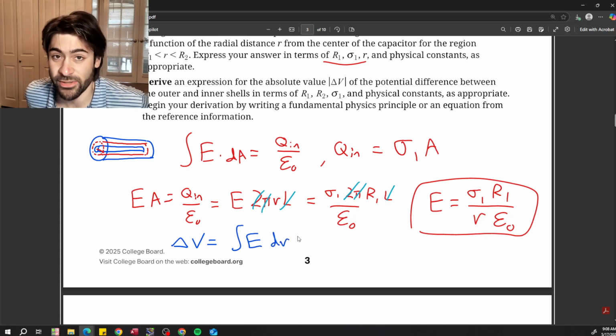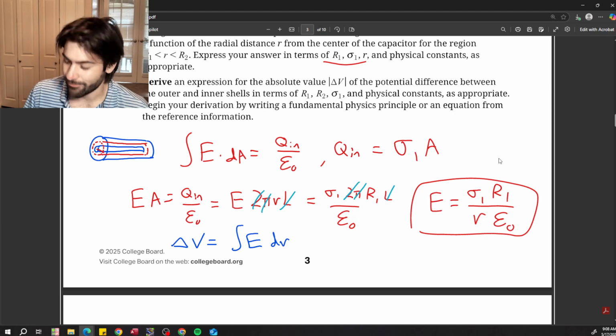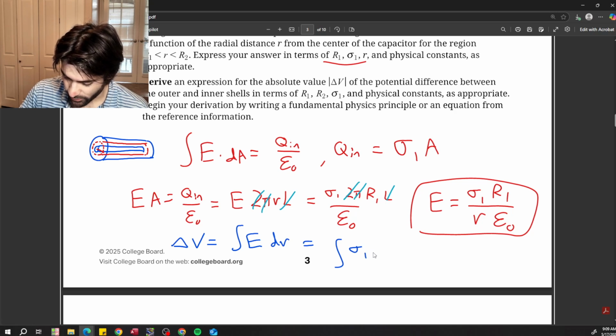We have to integrate here, especially because the electric field is not constant with respect to radius. So we're going to integrate this and get a natural log, because we're going to be integrating sigma R1, r is in the denominator there. This whole expression will go inside.